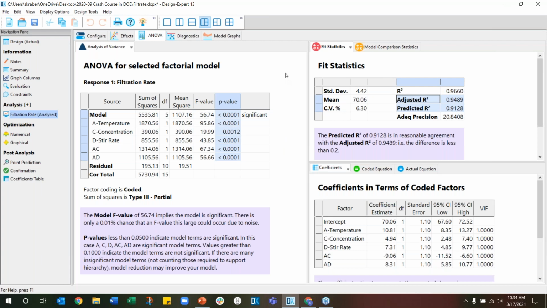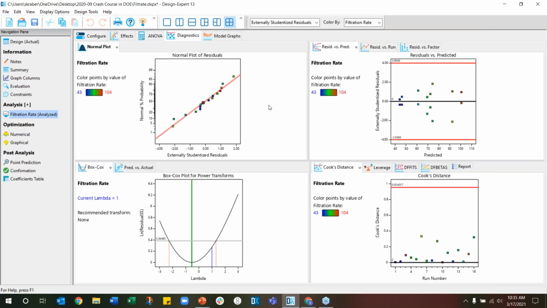Now, all of this ANOVA is predicated on some statistical assumptions that are summarized in the diagnostic plots. So after you've looked at the ANOVA, then you go to the diagnostics and just verify a few things.